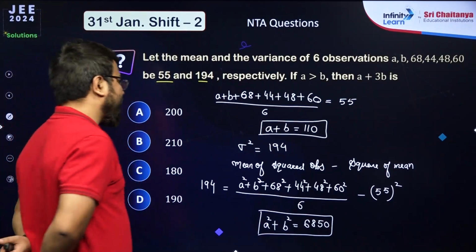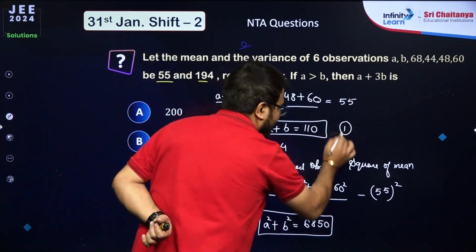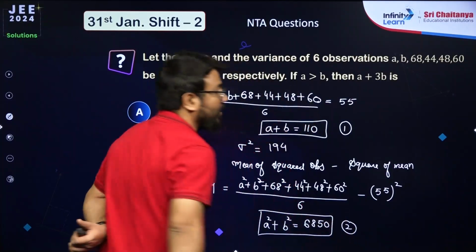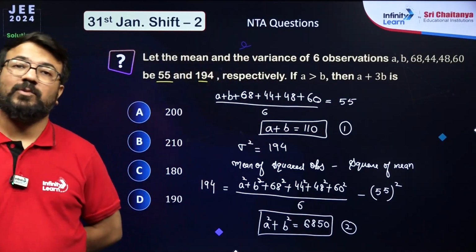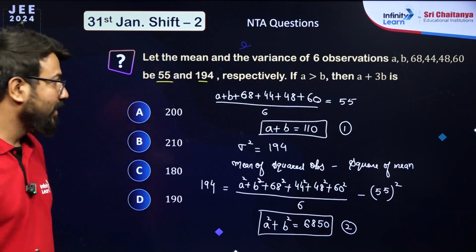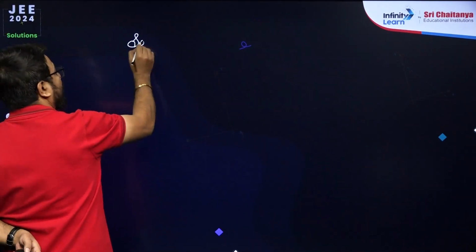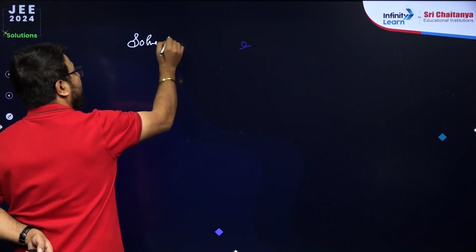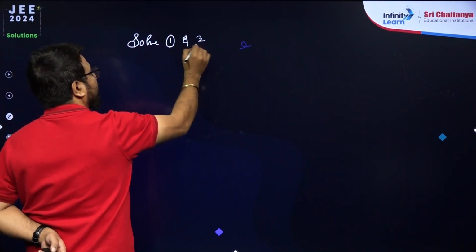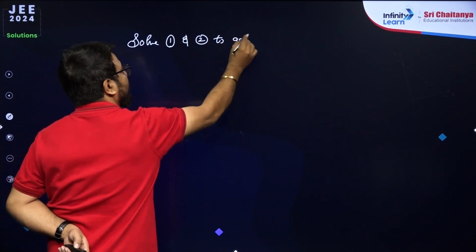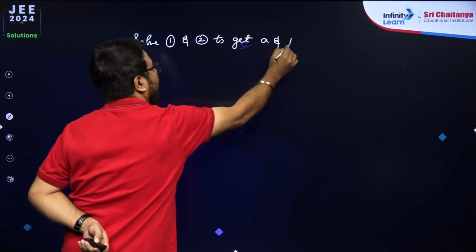Let us say this is the first equation and this is the second equation. Now we need to solve the first and second equations to get small a and small b.